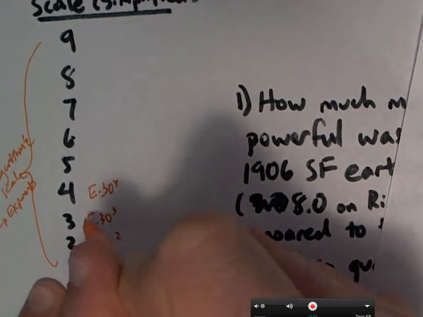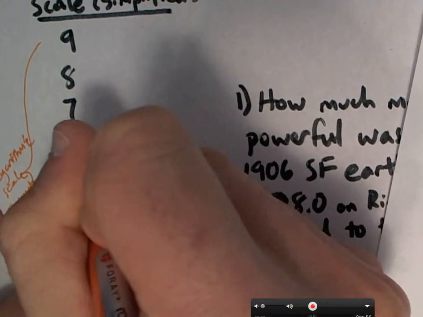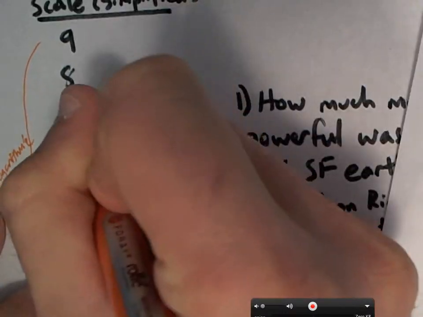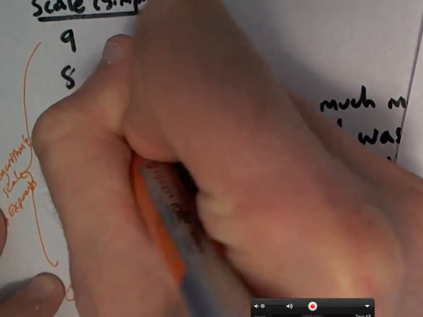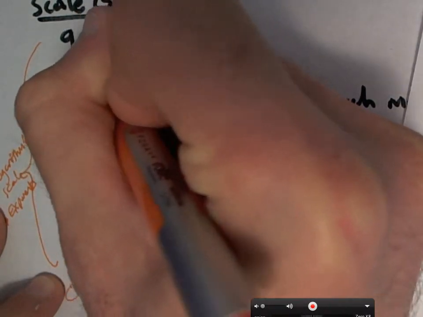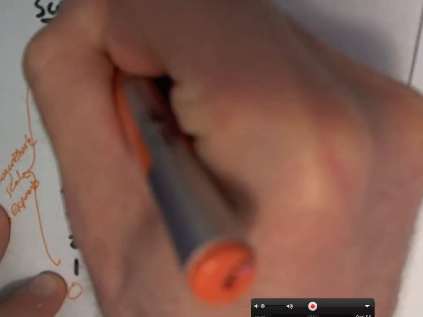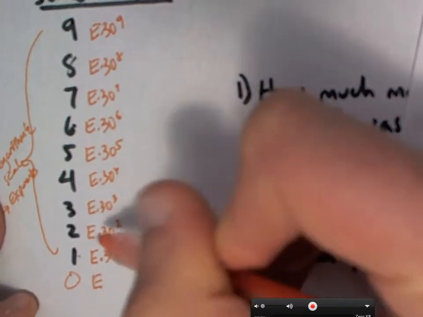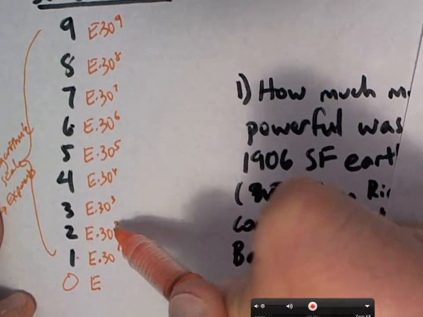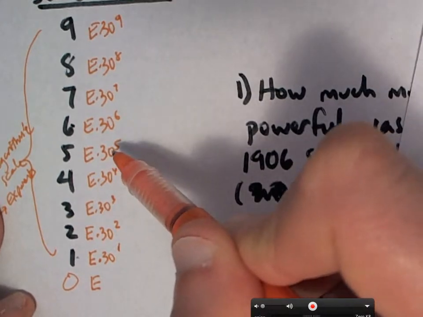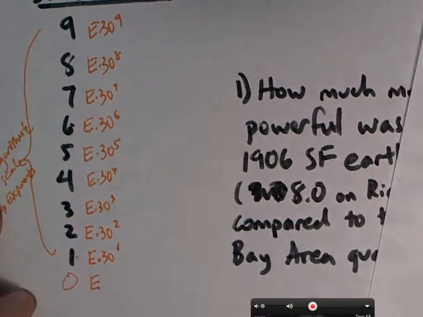This E just represents a constant that we're not going to get into. Again, this is simplified. But as you go up, you can see the idea that these numbers do not represent just linear increases. Each one represents the exponent. So each increase is going to represent approximately a 30 times increase over the one before it.